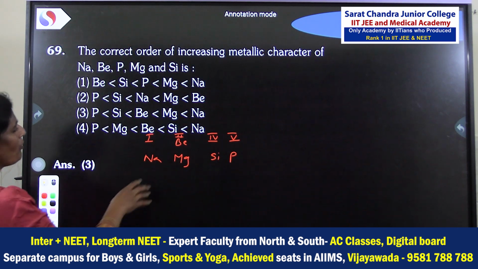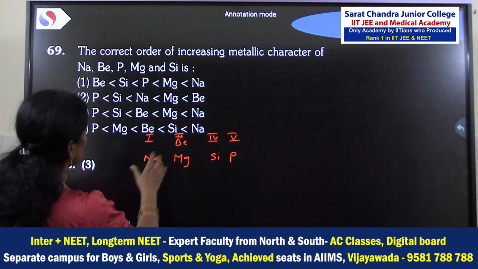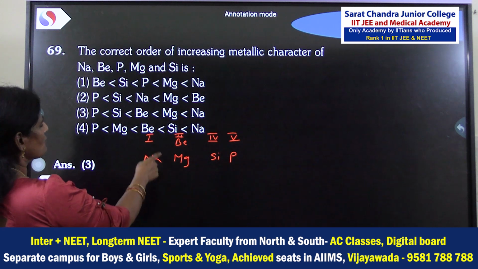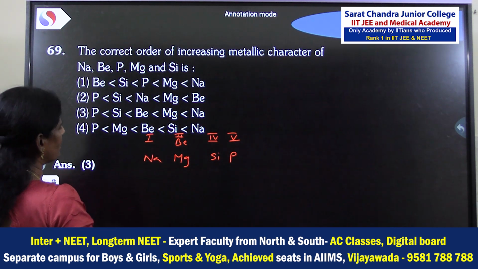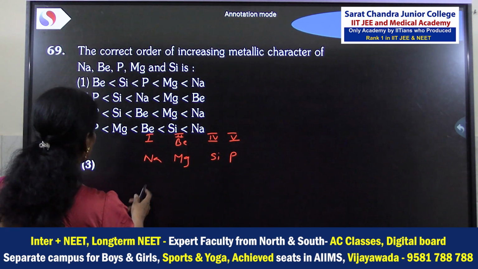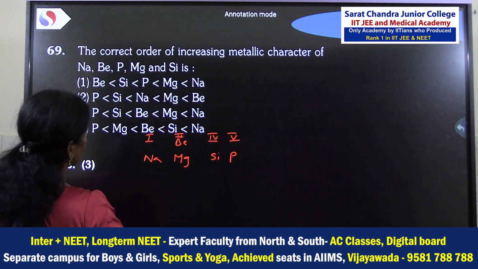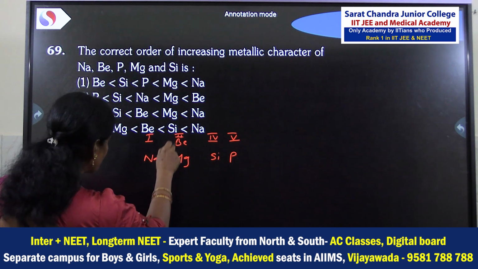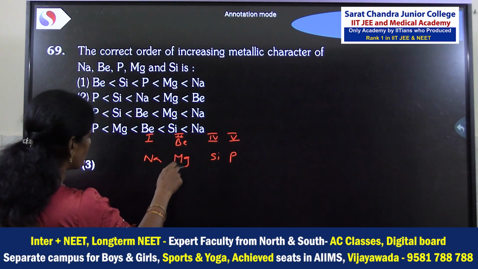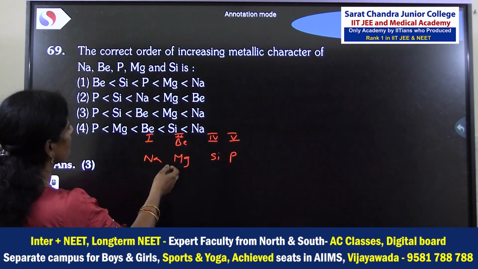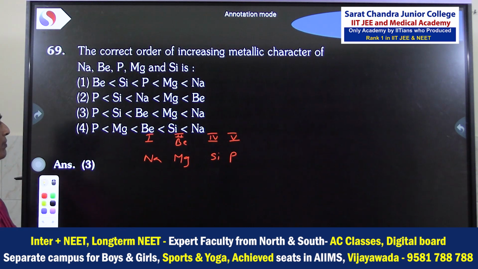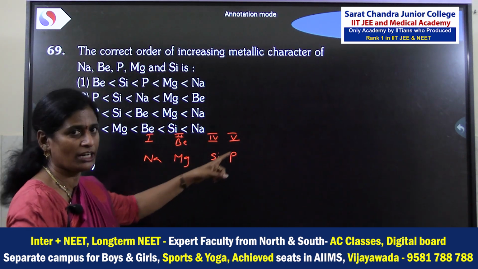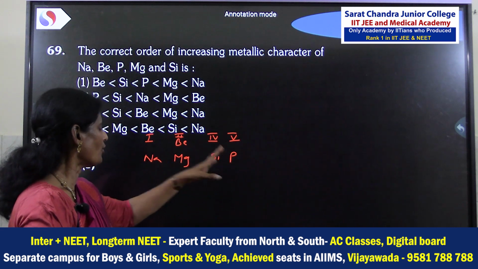So among these 5 elements, sodium is more metallic in nature. And next comes, between beryllium and magnesium, magnesium is more metallic. After magnesium comes beryllium. And silicon is a non-metal. Phosphorus is a non-metal.